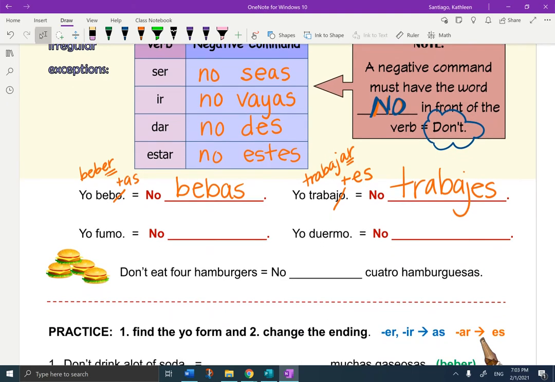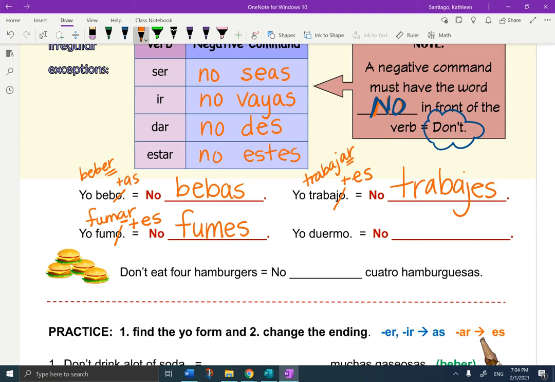Okay. Health and welfare. Fumo, yo fumo, I smoke. The infinitive is fumar. Chop off the O. Original was an AR, so we're going to add the opposite vowel and an S. No fumes.